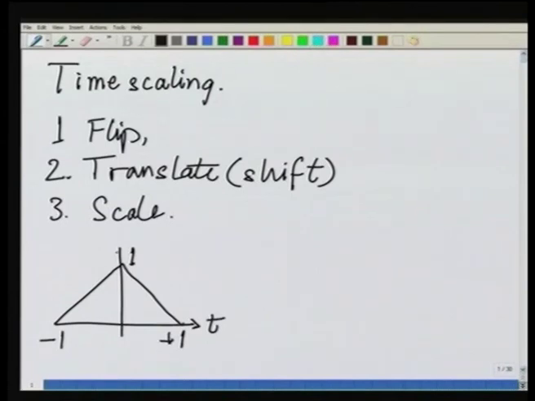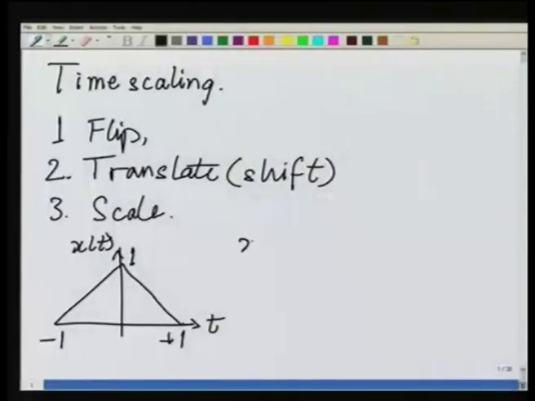This is the time axis and this is the function x t. Let us consider what happens if we plot x of minus t minus 1. What is the right procedure to understand what x minus t minus 1 looks like?